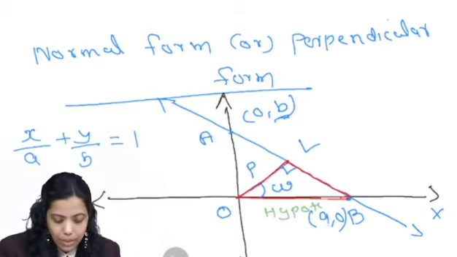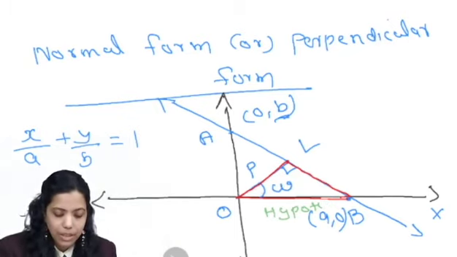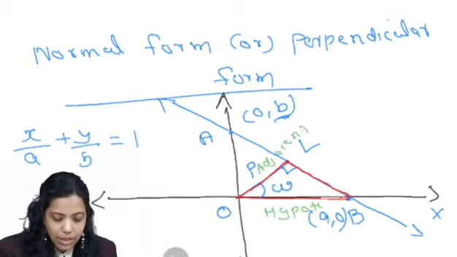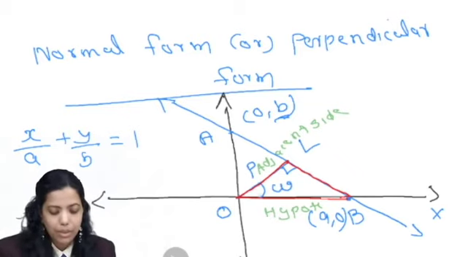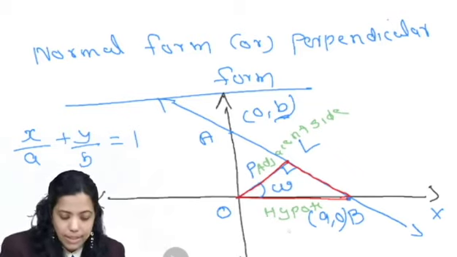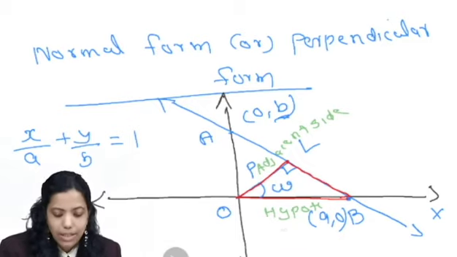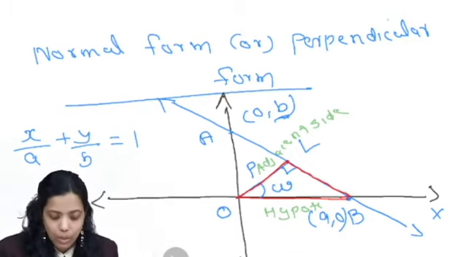This is the hypotenuse of that right triangle, and if we consider this angle, this is the adjacent side. The relation connecting the adjacent side and the hypotenuse, we are familiar with: it is cos omega.